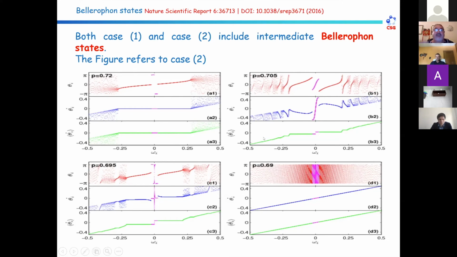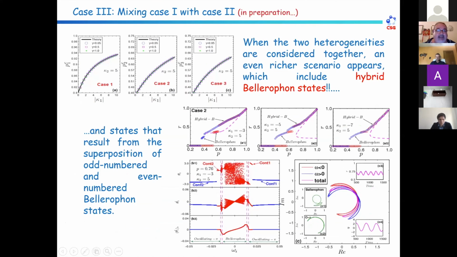Then you can have also a mixed case, that is, you can take heterogeneity in the coupling and couple them with conformist and contrarian.